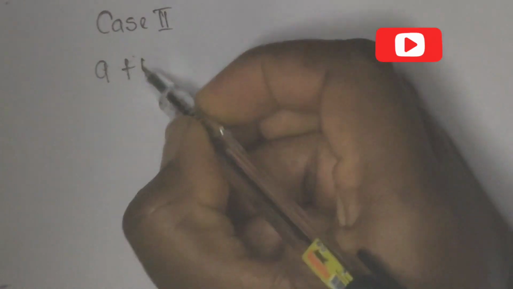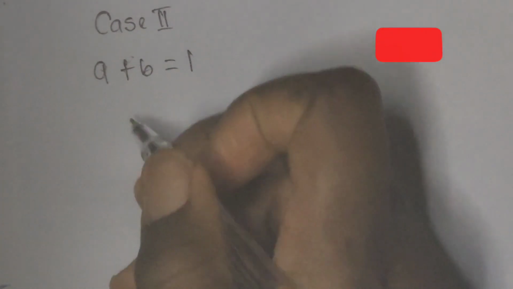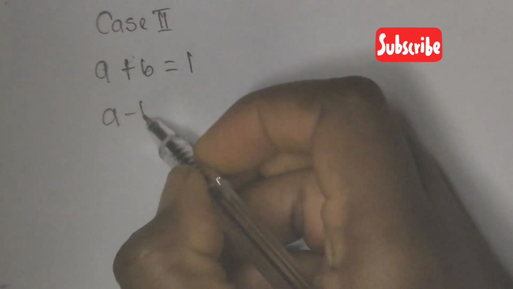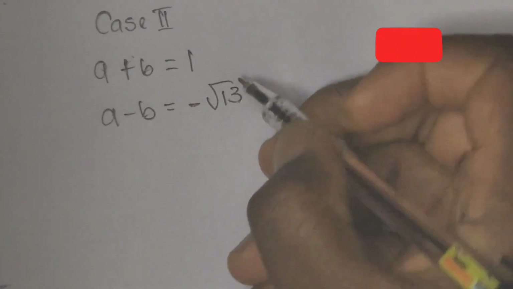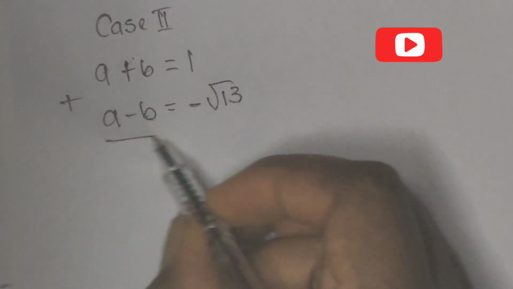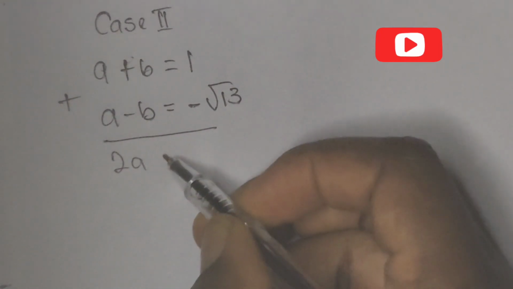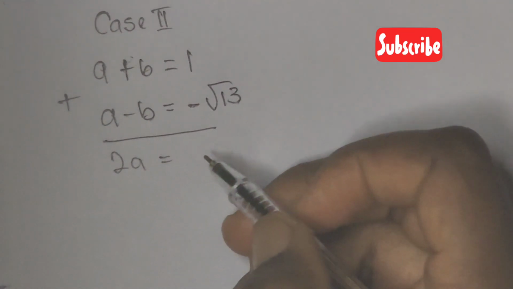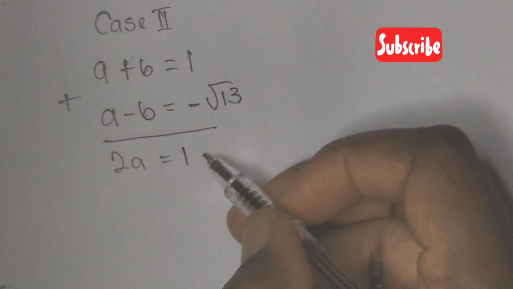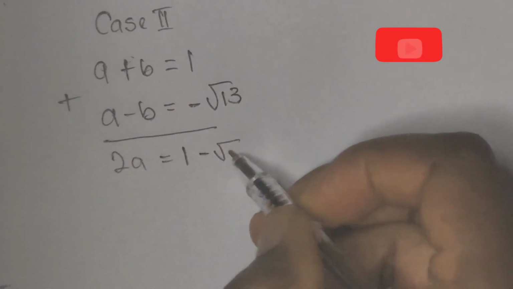So for case 2, we have a plus b equal to 1, and our case 2 is a minus b equal to minus root 13. Adding these two equations, we have 2a equal to 1 minus root 13.